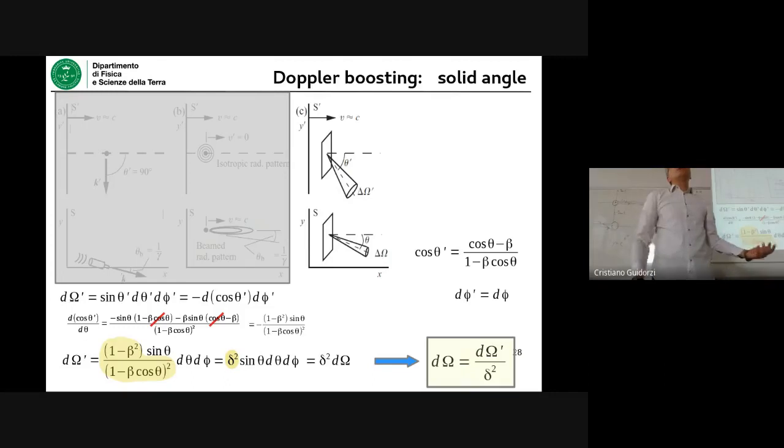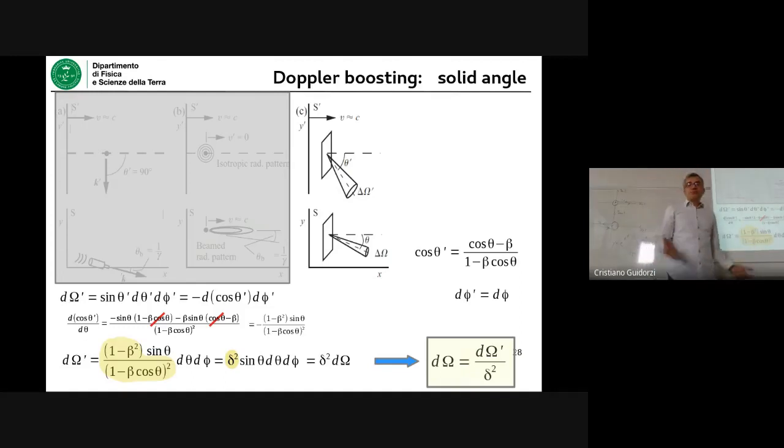Let's assume that for that specific direction, the Doppler factor is greater than 1, so there is a boost. Remember that for reasonably small, not too large values of theta prime, the Doppler factor is greater than 1, so you have a boosting, not a deboosting.